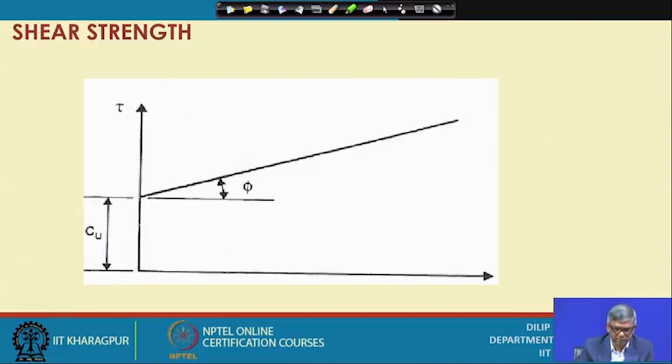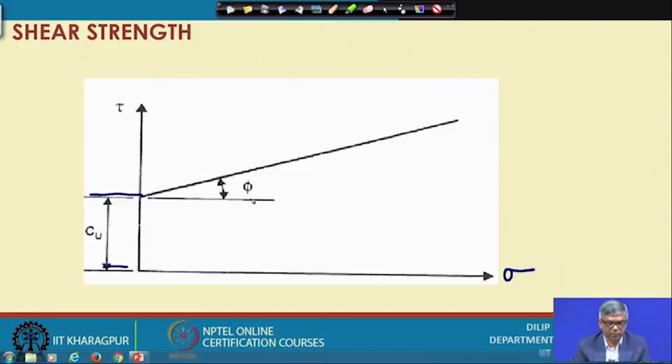Now, you can see the shear strength. If I plot, one axis is sigma and another axis is tau, and then your failure envelope will typically have this form. There will be an intercept here, which is equal to the cohesion, and this inclination will be phi.